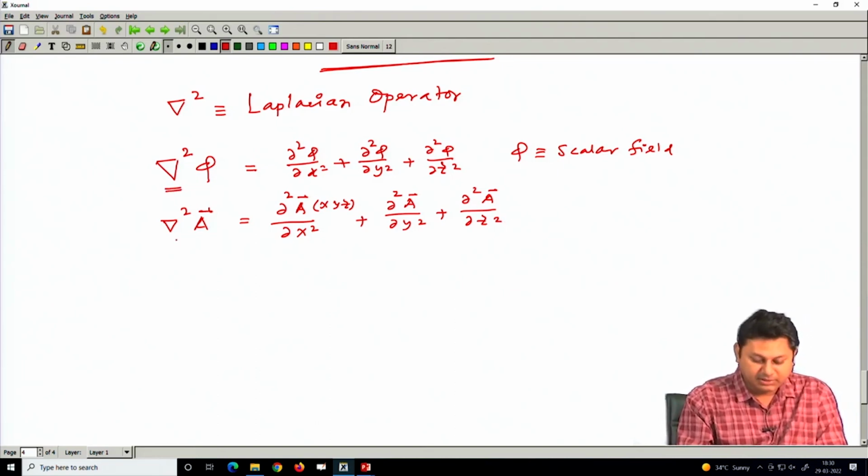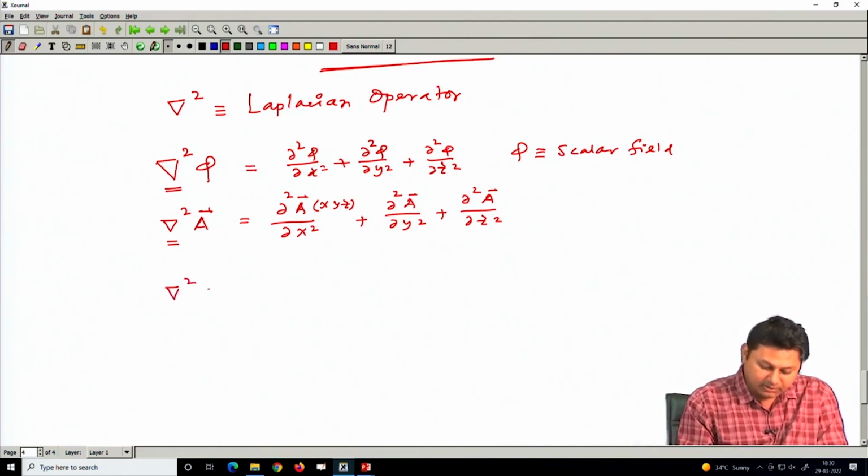Unlike the del operator, this is not a vector operator, this is a scalar operator, and eventually this operator gives us del 2 del x square plus del 2 del y square plus del 2 del z square.